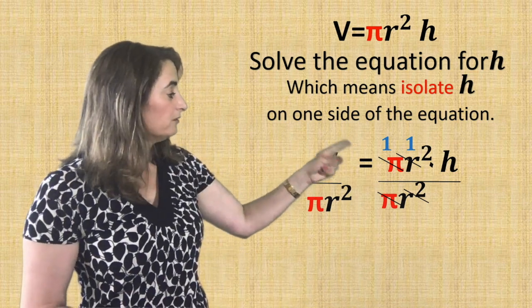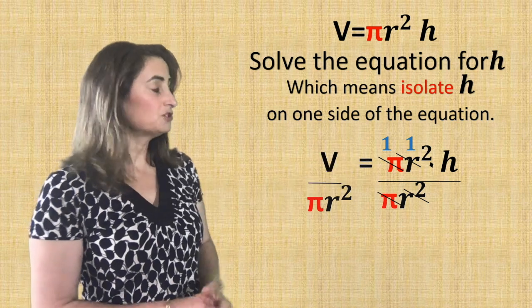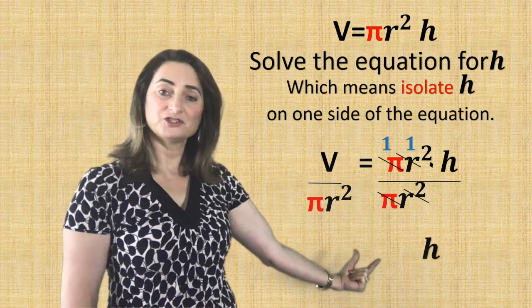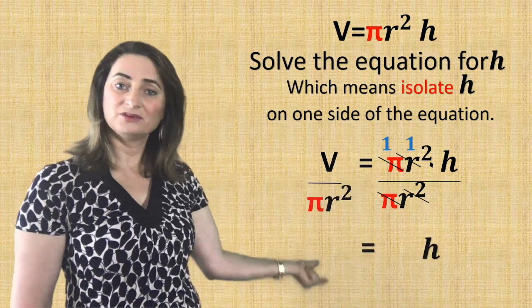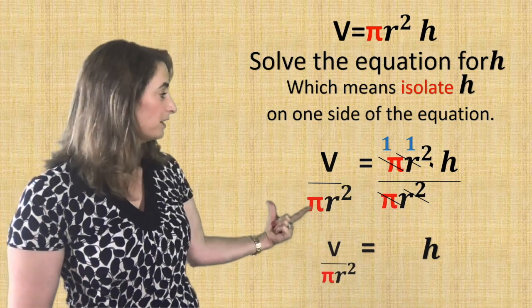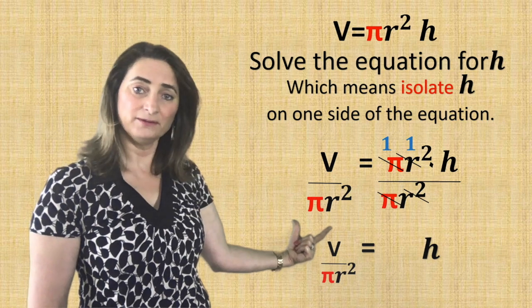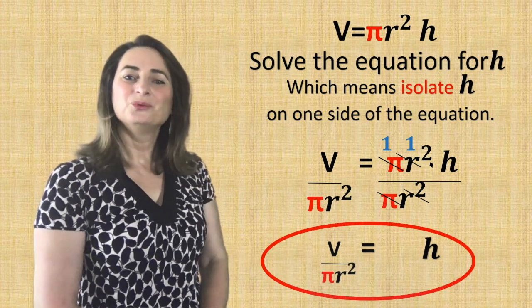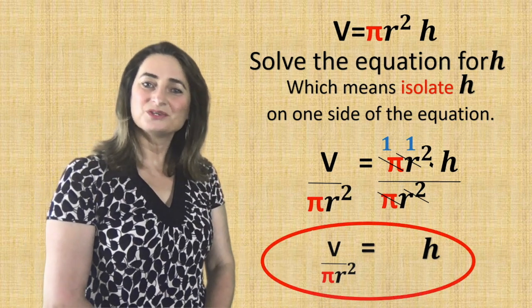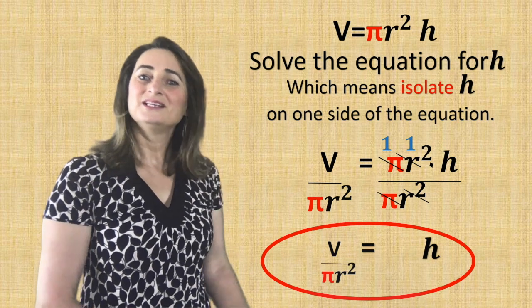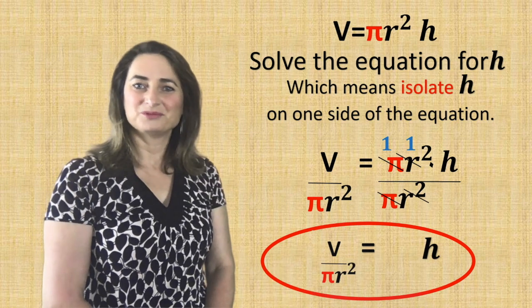You're left with 1 times h equals h. Bring the h down, bring the equal sign down, and bring V divided by pi r squared down. You can't simplify that. There's nothing to simplify. Mission accomplished. We isolated h to one side of the equation in terms of the other variables.